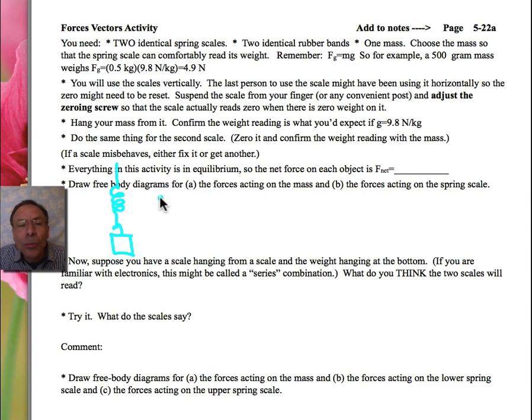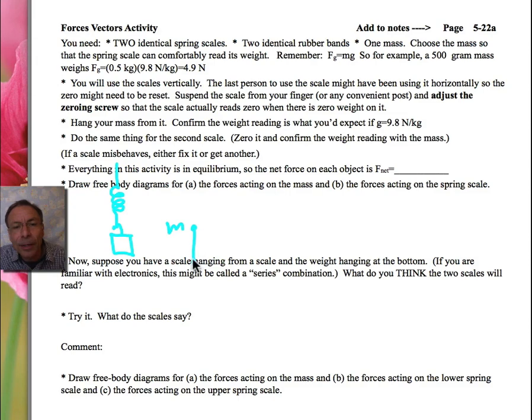The first thing is I want to draw the free body diagrams for the forces on the mass and the forces acting on the spring scale. So let's do the mass first because it's easy, right? This is going to be the mass, call this m. There are two forces acting on it.